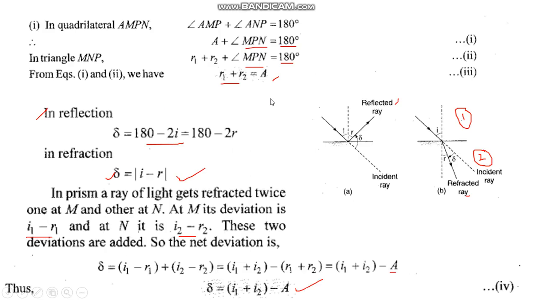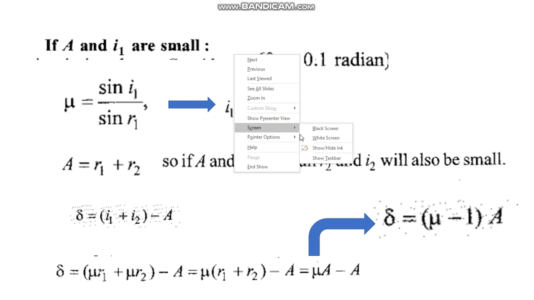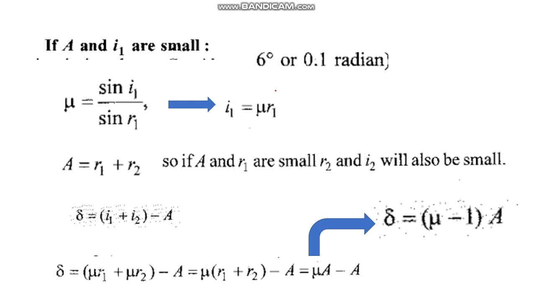So let us discuss some cases here. You got this equation. Let us say that angle I1 is very, very small. When we say it is small, it is basically 6 degrees, which is almost equal to 0.1 radians. If I1 is very small, this R1 value also will be very small. Now, as per Snell's law, you know that mu is equal to sine I1 by sine R1.